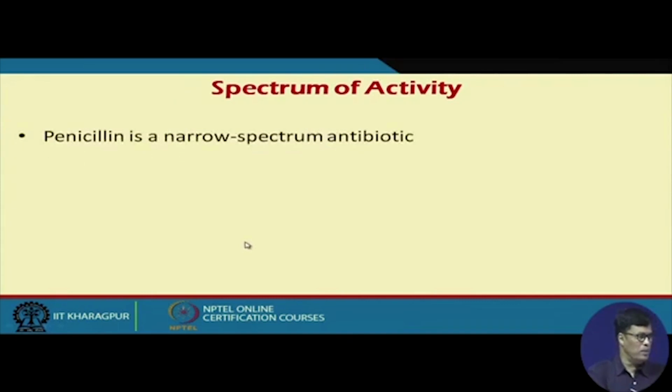Now, the spectrum of activity of penicillin. Penicillin is considered a narrow spectrum antibiotic. You know that antibiotics are of two types: narrow spectrum and wide spectrum. Narrow spectrum antibiotics are very specific against particular bacterial species, and wide spectrum antibiotics can act against different types of bacteria.